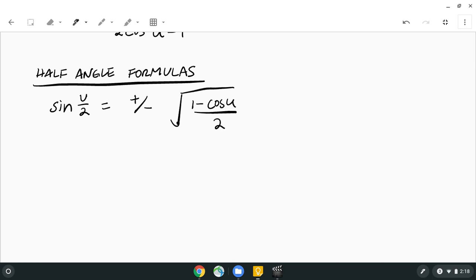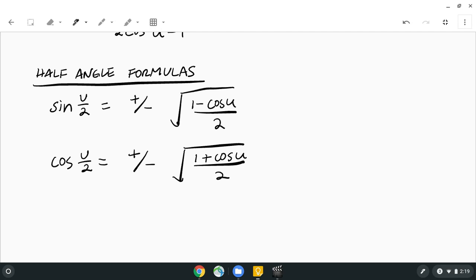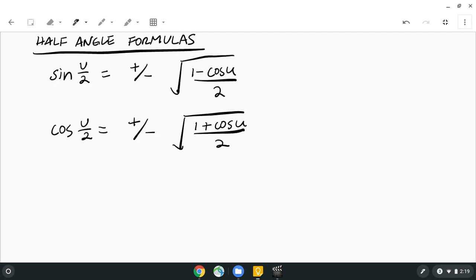And same thing with cosine of a half angle. That's going to be equal to plus or minus, not both, the square root of 1 plus cosine u over 2. And then tangent, we don't have to worry about that plus or minus.